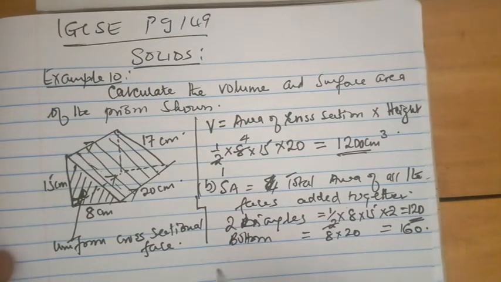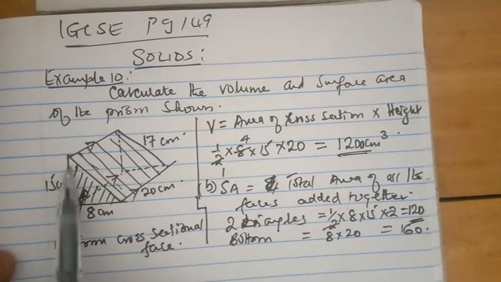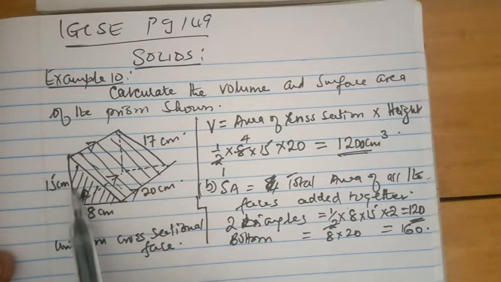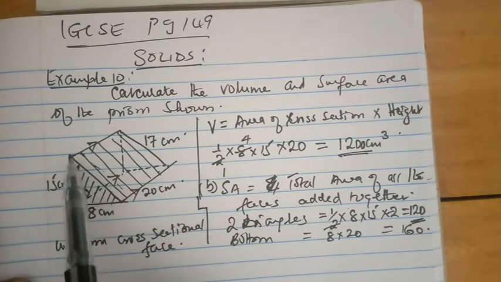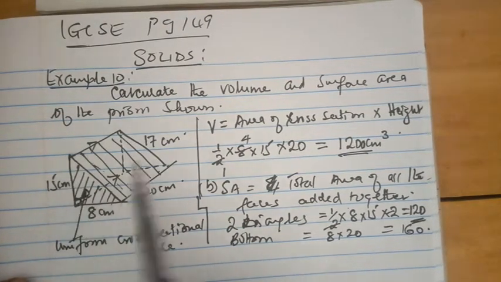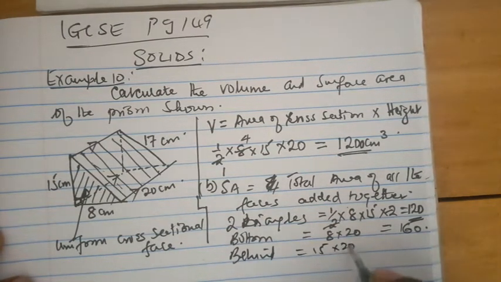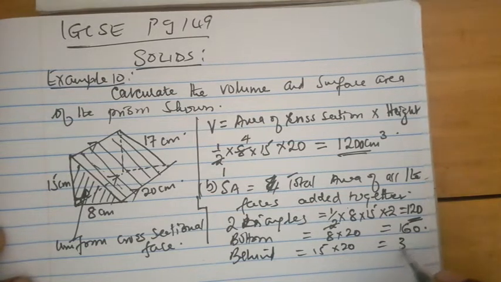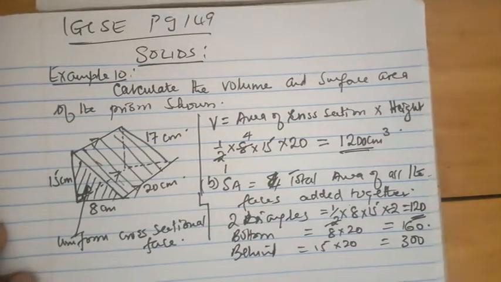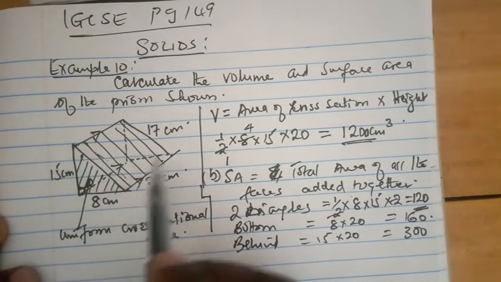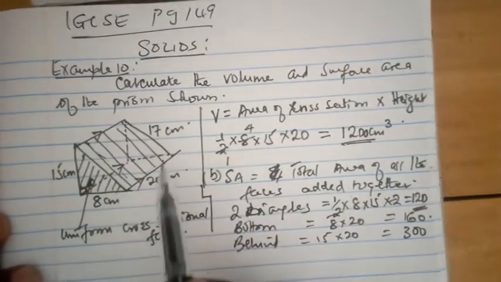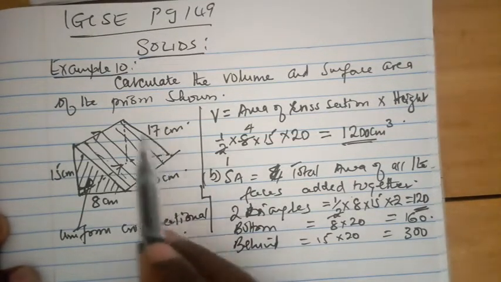centimeters squared. And then there is the face behind, which is 15 times 20, and this is 300. And of course there is the slanting face that you can see, and luckily we are given this length.